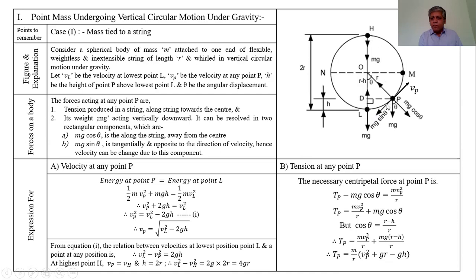Due to that, the particle is pulled toward the lowest position, opposing the motion in the vertical circular motion. Due to this tangential force, the speed decreases when it goes from the lowest position to the highest position.